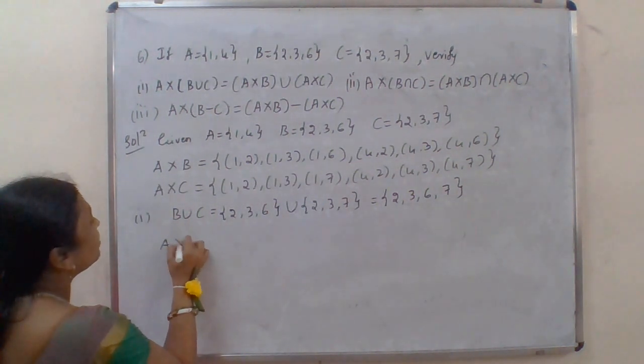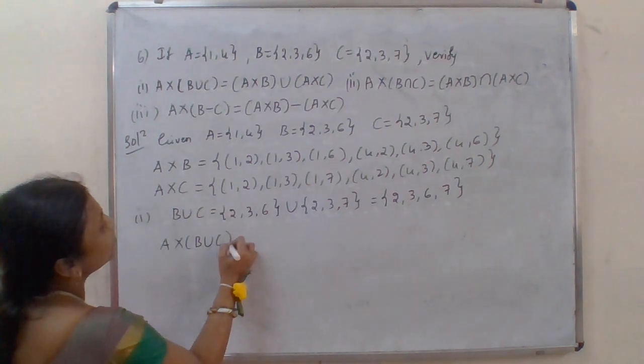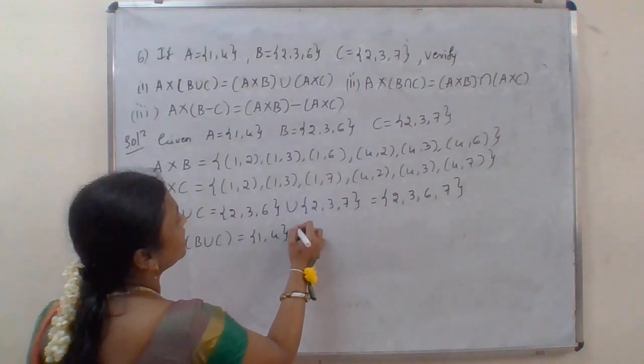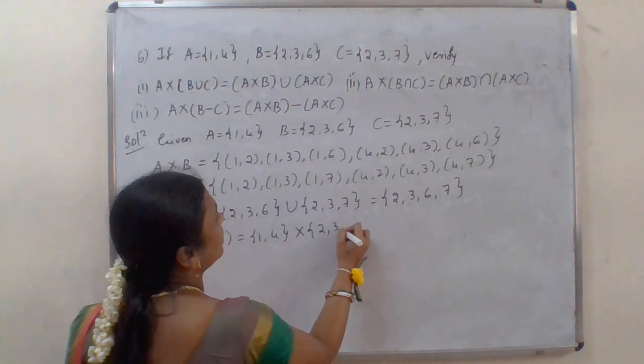So A × (B ∪ C): A set is {1, 4}, and B ∪ C is {2, 3, 6, 7}.